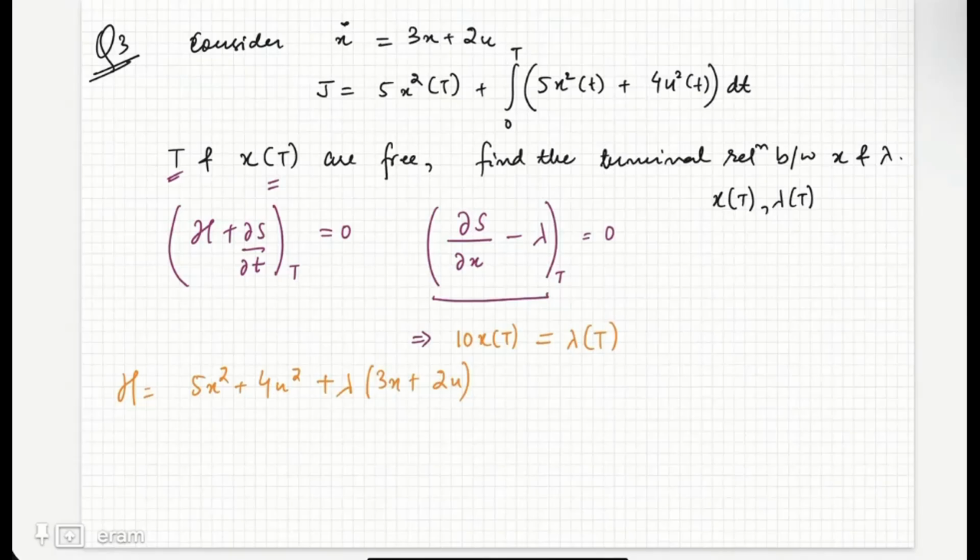It is equal to H plus del S by del t at t.